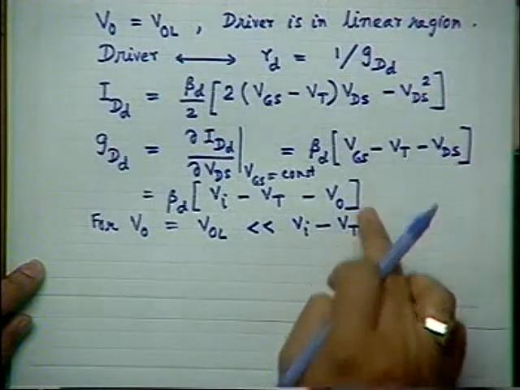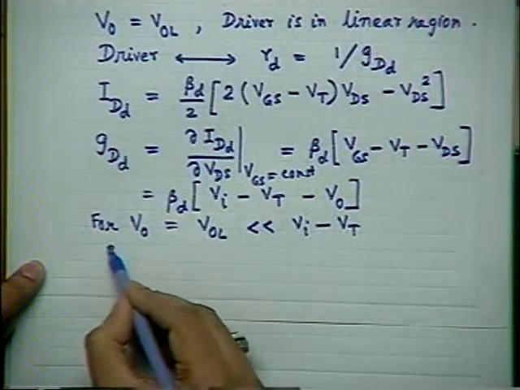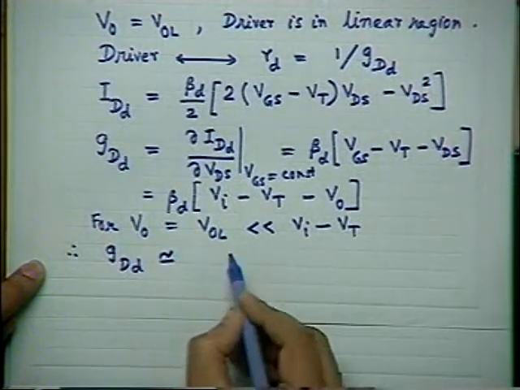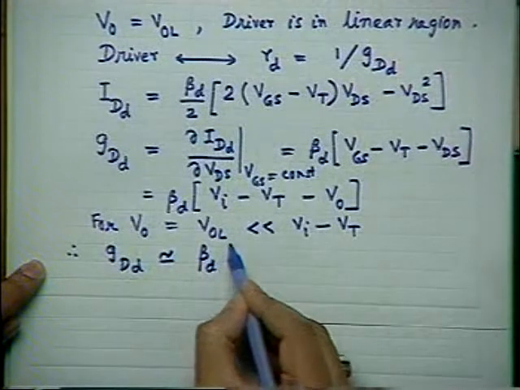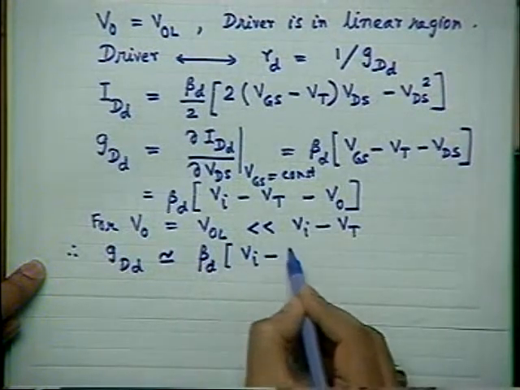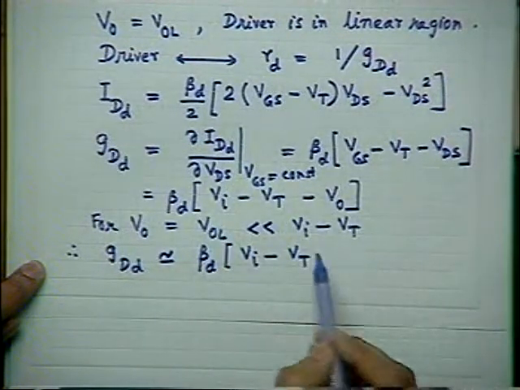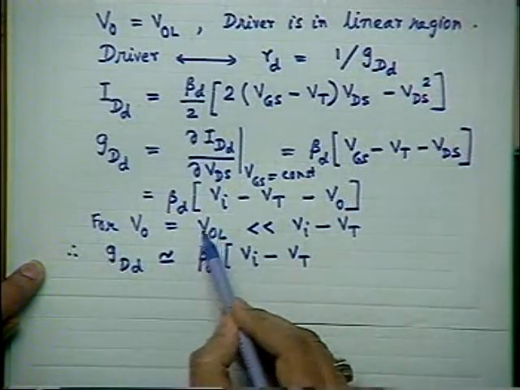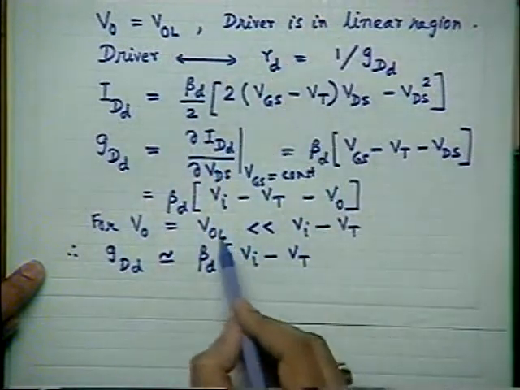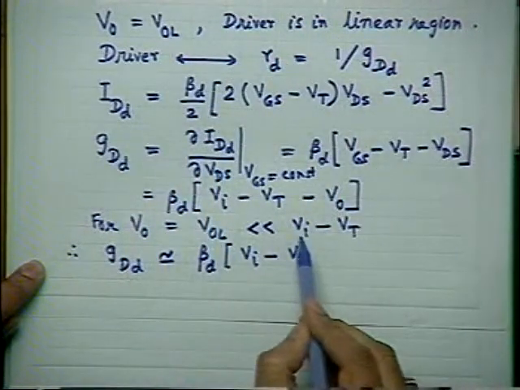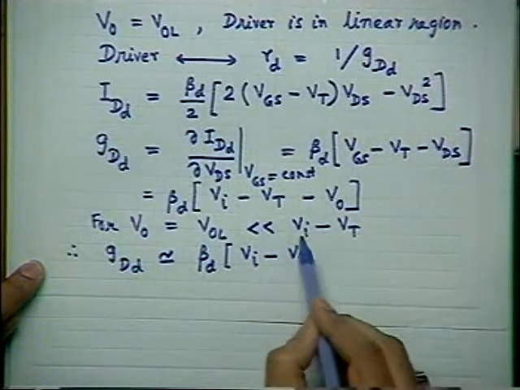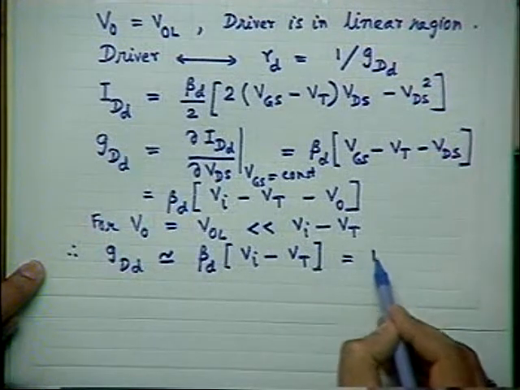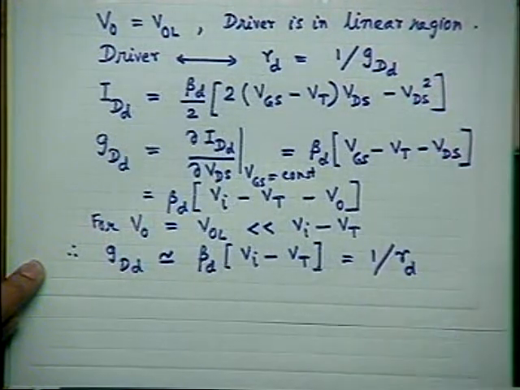So using this condition, I can simplify GDD as beta D into simply VI minus VT. I have assumed that VI minus VT is large compared to VO, which is VOL. So it is simplified, and that is simply 1 upon RD.